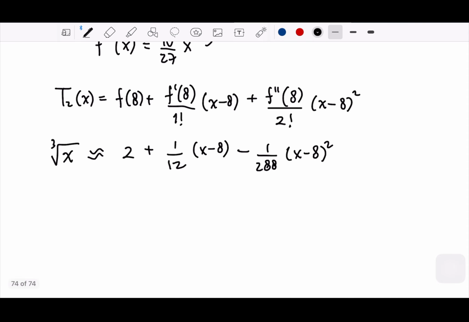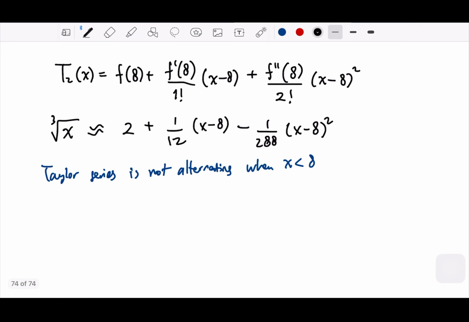So let me write here: the Taylor series is not alternating when x is less than 8. So we can use Taylor's inequality.